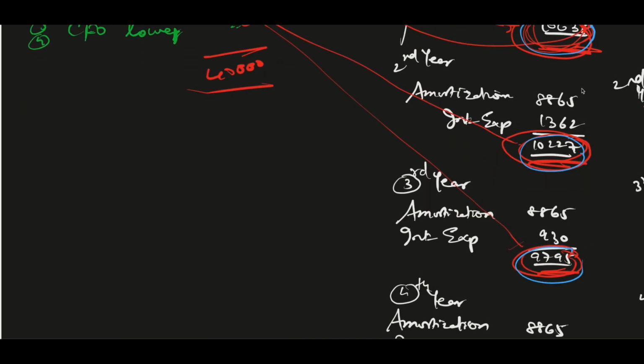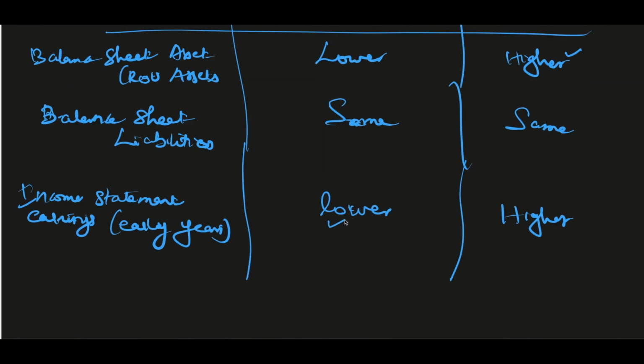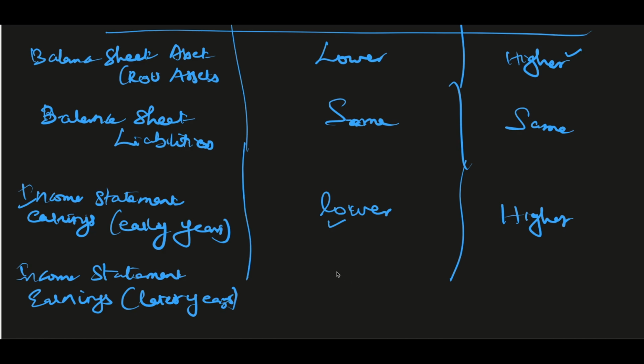So early years it is lower and later years it will be higher, because in later years the expenses come down. So early years it is lower, and income statement earnings in later years will be higher.